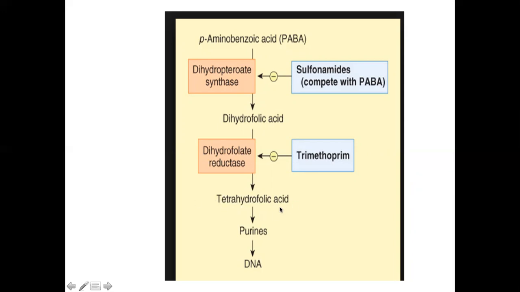So tetrahydrofolic acid is the essential active form of folic acid, which further leads to formation of DNA and RNA. So trimethoprim acts in this step. As we said, the sulfonamides act by inhibiting dihydropteroate synthase, while trimethoprim acts by inhibiting the dihydrofolate reductase enzyme.